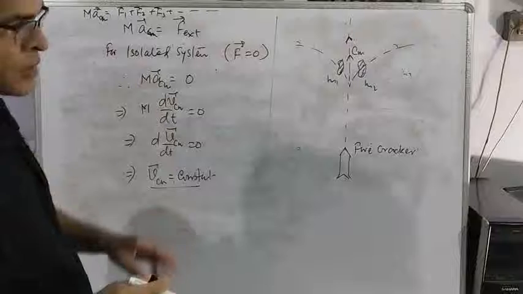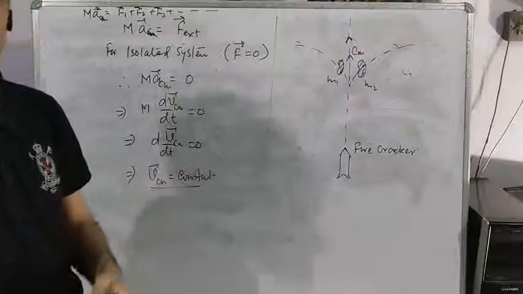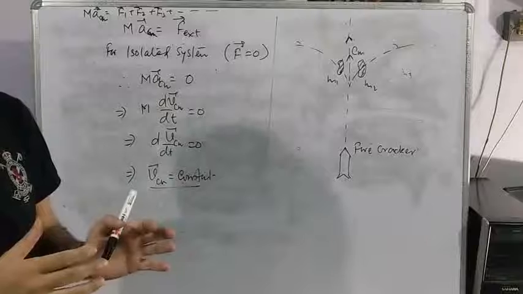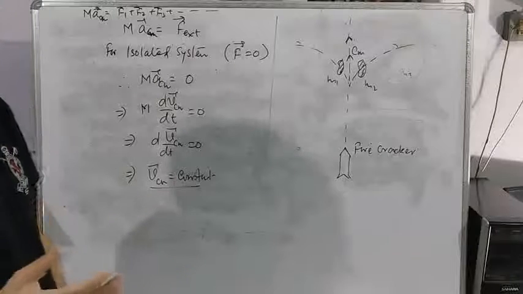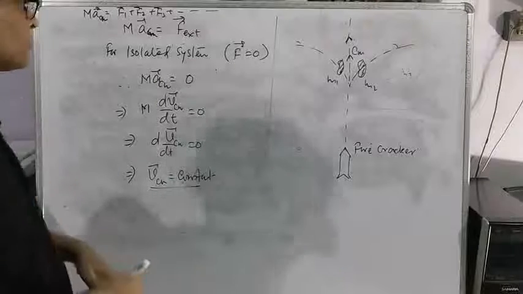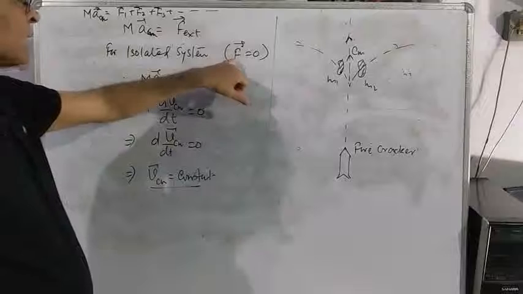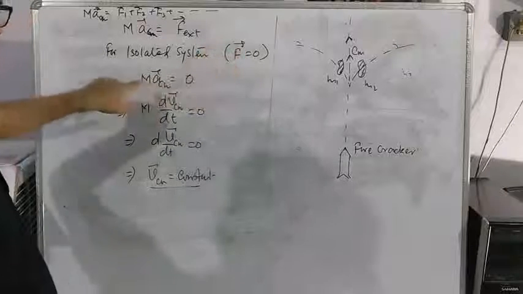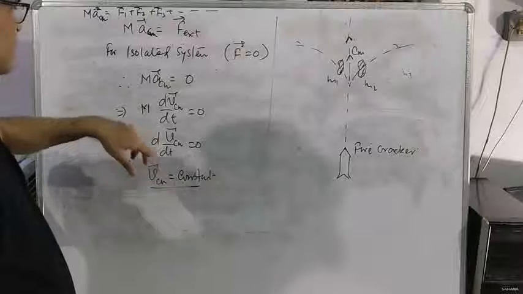If the system is isolated, means there is no interaction with the system from any other system, then the force acting on this system, this body, will be 0. So M ACM is equal to 0.